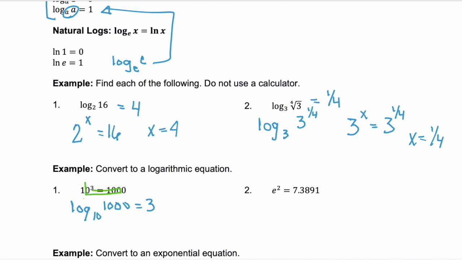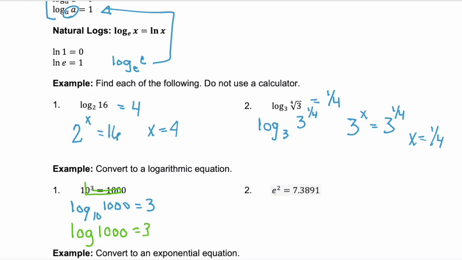See how it kind of makes an L? Something else to remember, log base 10 is the most common log, so it's written without the base 10. So it can simplify as log of 1,000 equals 3.